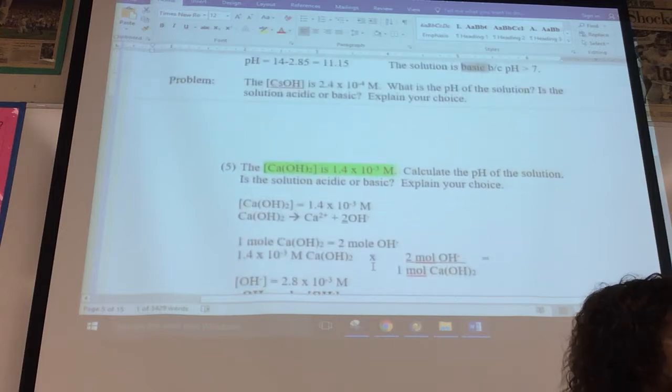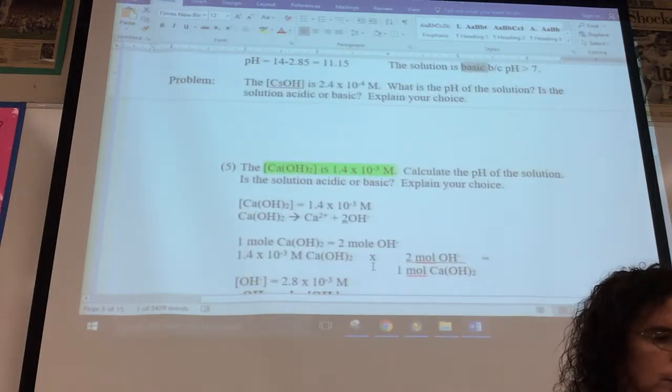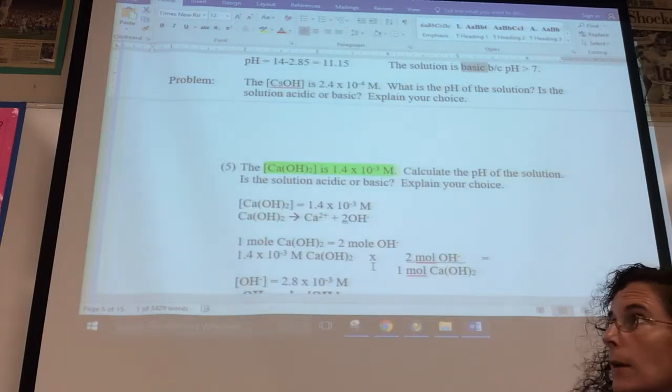Let's try this one together. I'm going to put it on paper for you. Concentration of cesium hydroxide is 2.4 times 10 to the negative 4 molar.